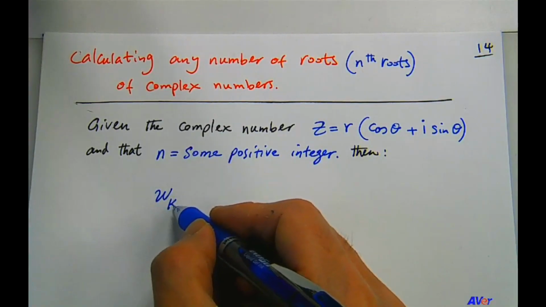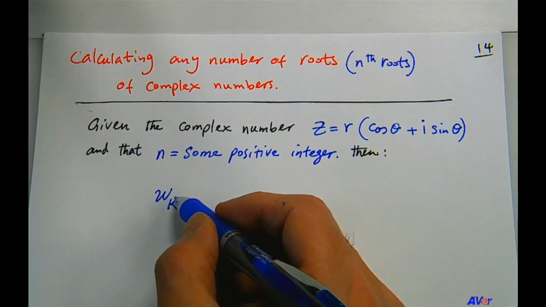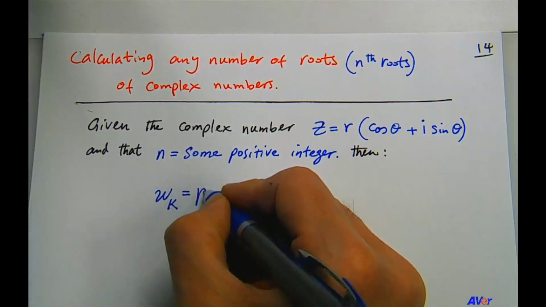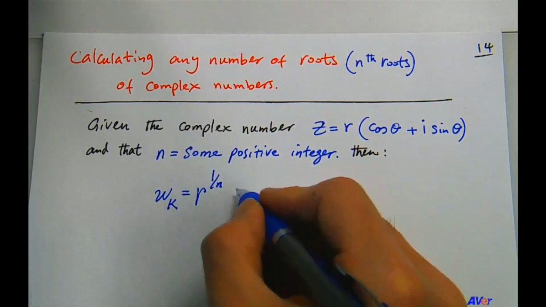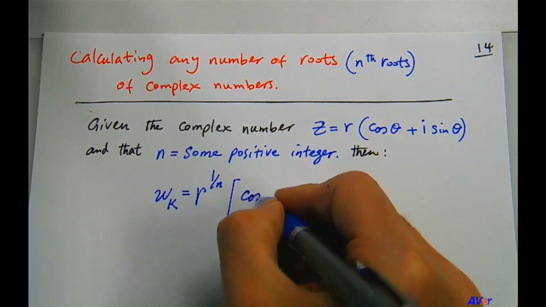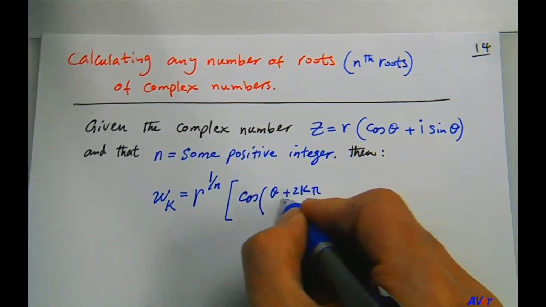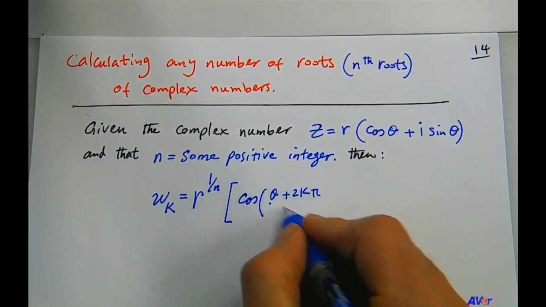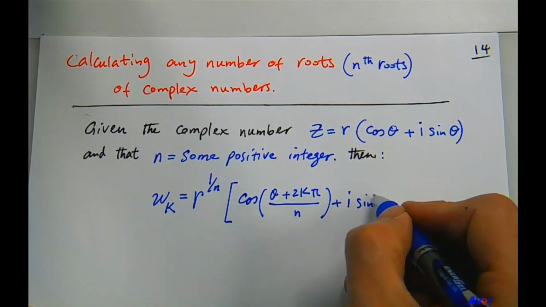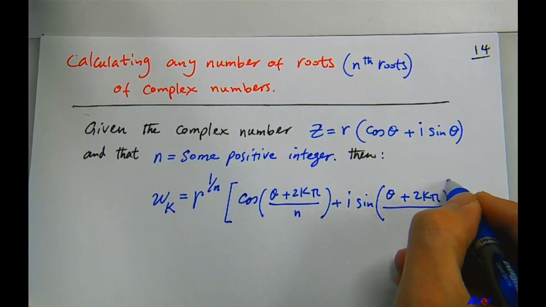This k is critical in denoting the specific root that we're calculating, and I'll have more to say about it in a bit. r to the 1 over n, and n is some positive integer, times cosine of theta plus 2k pi over n, plus i sine of theta plus 2k pi over n.